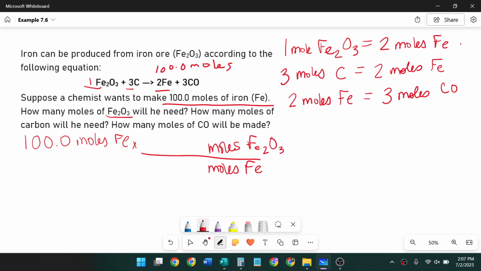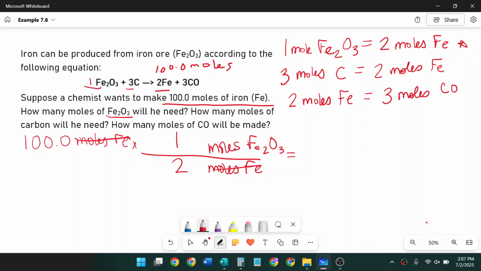So we're going to use this first one up here. So 1 mole of this one goes with 2 moles of that one. So our moles of Fe cancel out. And it's basically just 100.0 divided by 2.